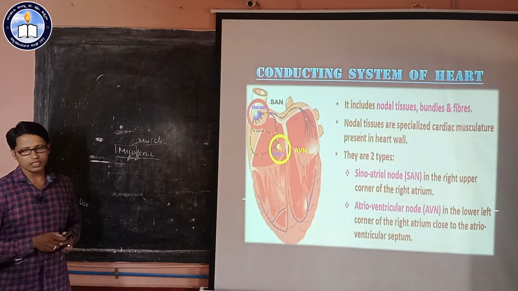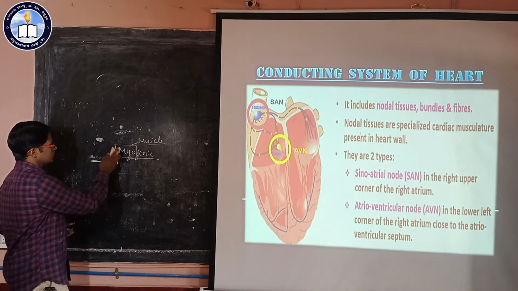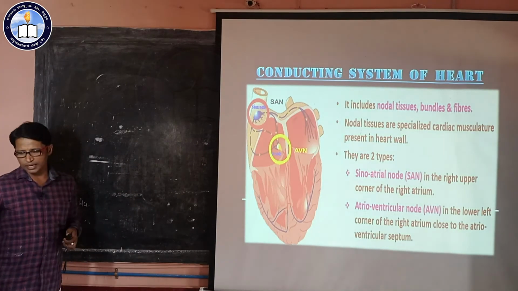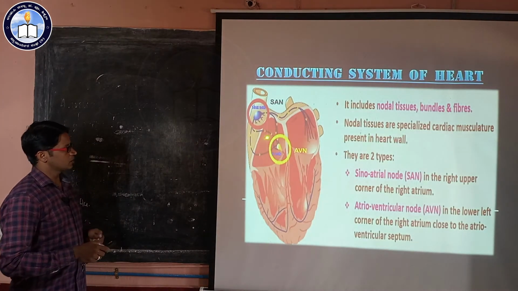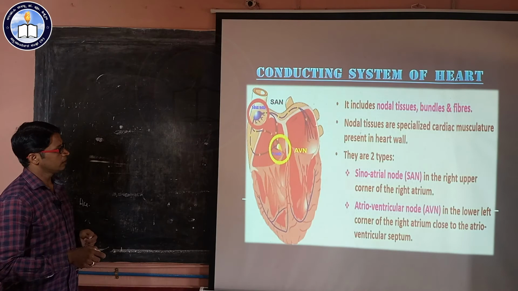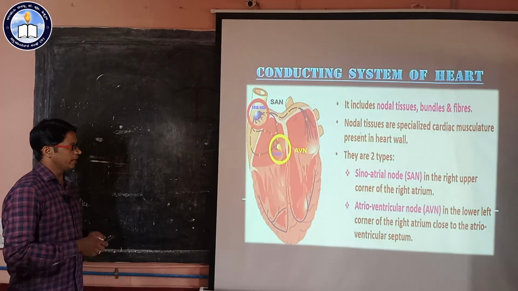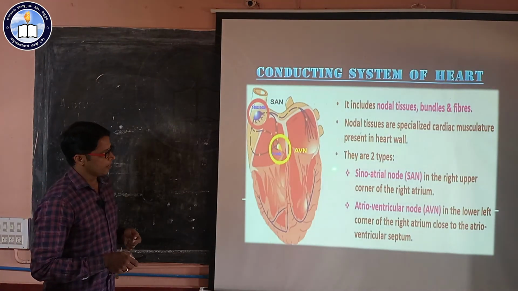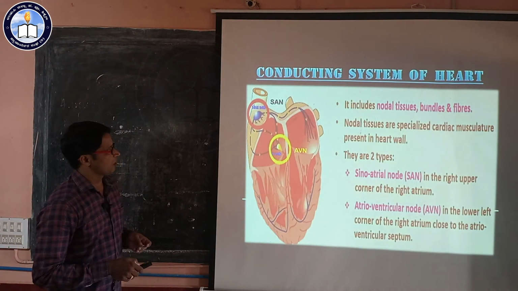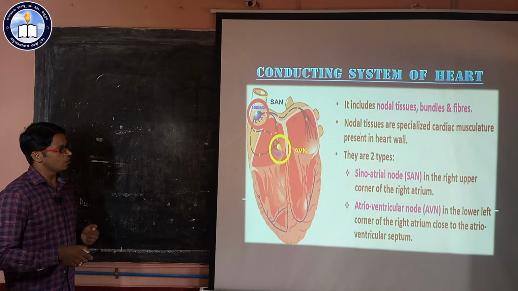Basically, the nodal tissues are of two types. We will see them in our figure. This is the right auricle, this is the left auricle, this is the right ventricle and this is the left ventricle. Where are these nodal tissues found in our heart?